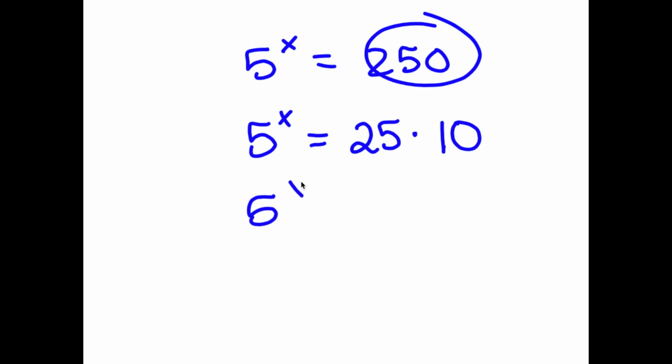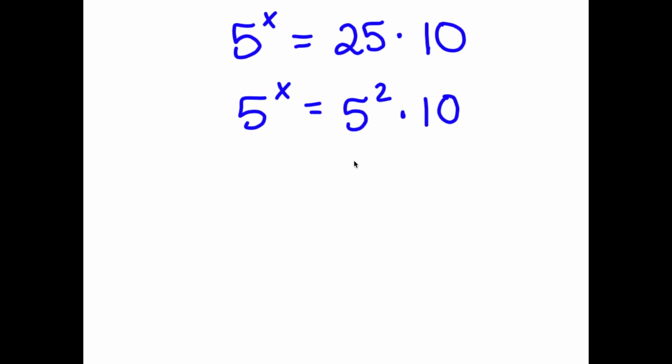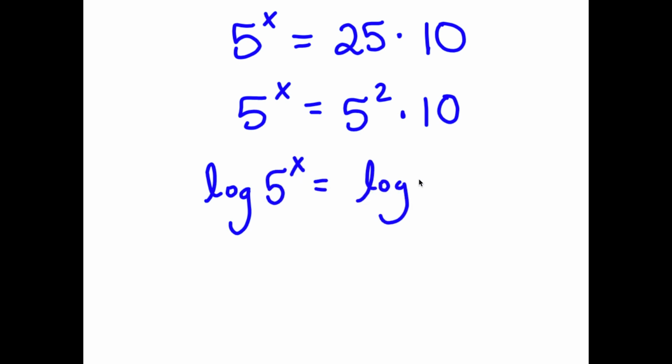So now I have 5 to the power of x is equal to 5 squared times 10. Now what I'm going to do is take the log on both sides. So now I have log of 5 to the power of x is equal to log of 5 squared times 10.